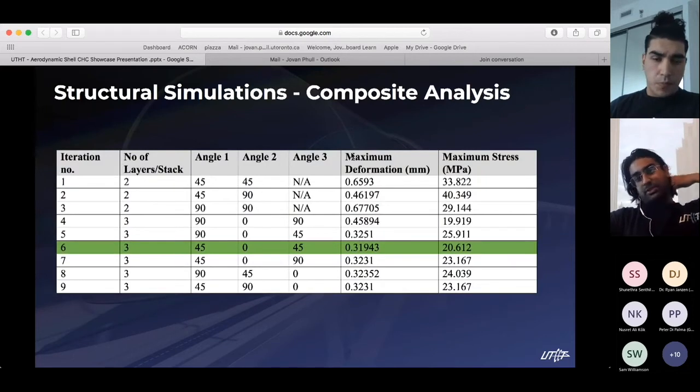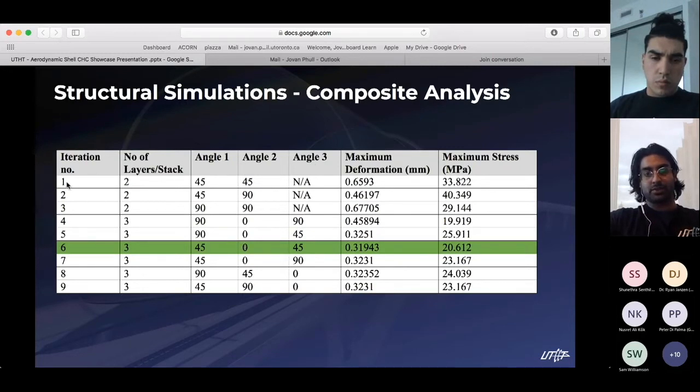Then the next slide shows the structural simulations for our composite analysis. Because we're using pre-impregnated carbon fiber, there are considerations to how you actually lay those up and the orientations of the fibers. You don't just use one layer of pre-preg carbon fiber, you usually use multiple of them. We decided to test 2 different layer counts as well as 3.